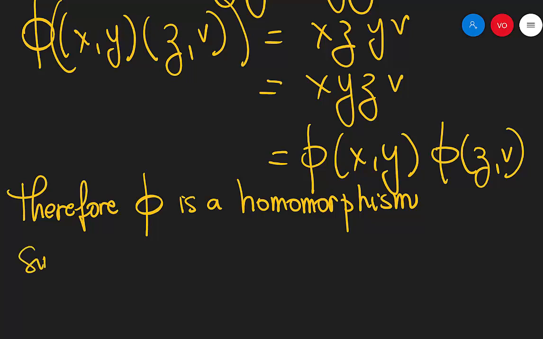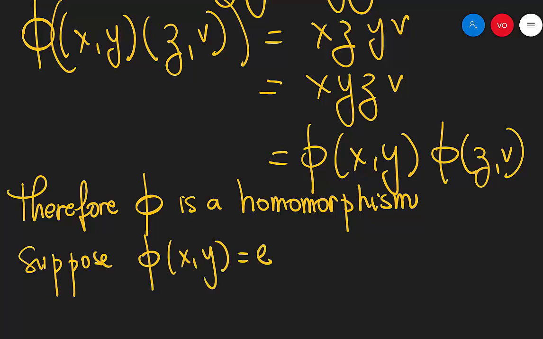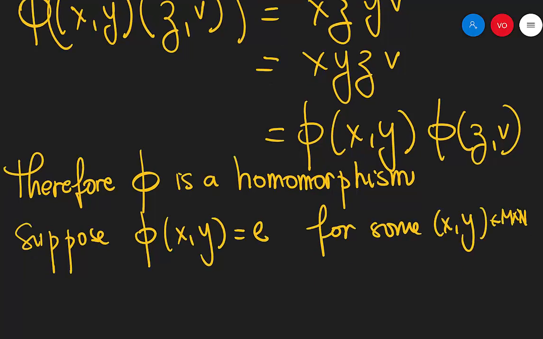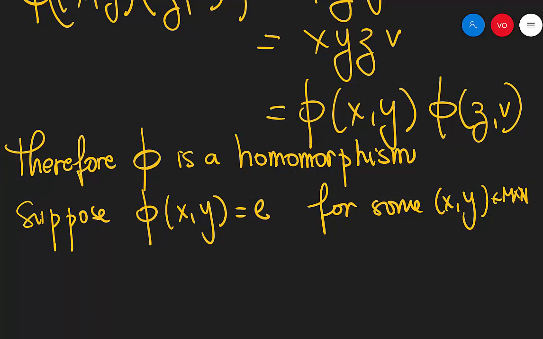So suppose that phi of xy is equal to the identity for some xy in M cross N. Then that means that xy must be the identity and x must be equal to y inverse.